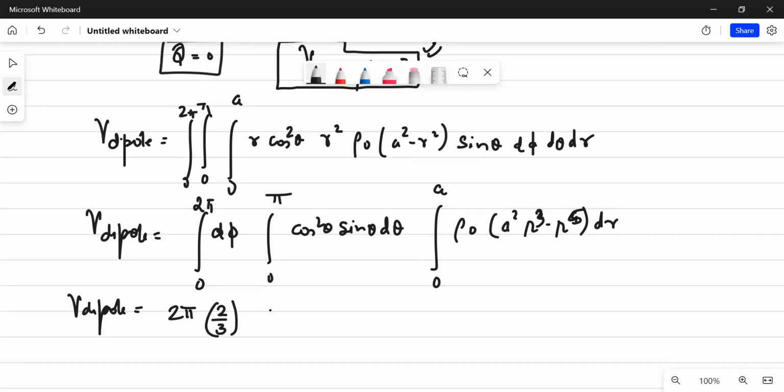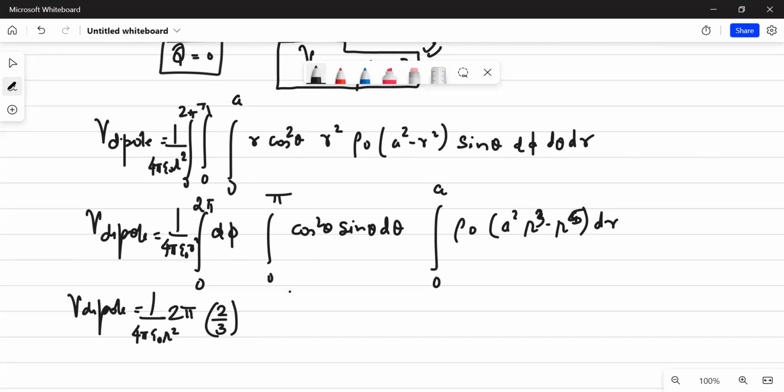Yes, speak. Sir, outside also the k by r square term. Sorry, 1 upon 4 pi epsilon r square, sorry. So here will come 1 upon 4 pi epsilon r square. Okay, I think this is clear.